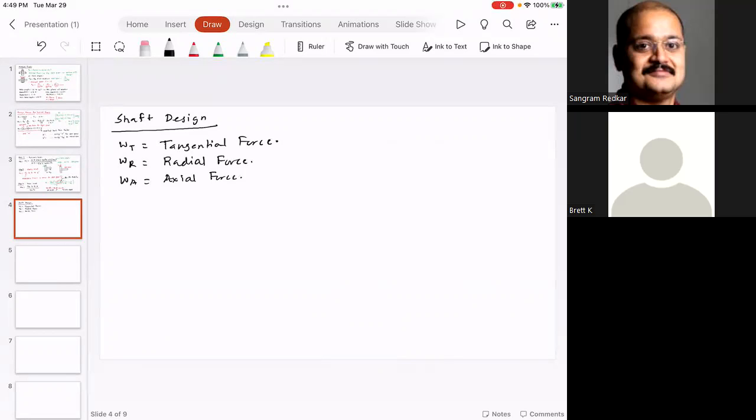And WT will be known from the equation, which is P divided by VP times CS. Then axial force is WT multiplied by tan alpha.